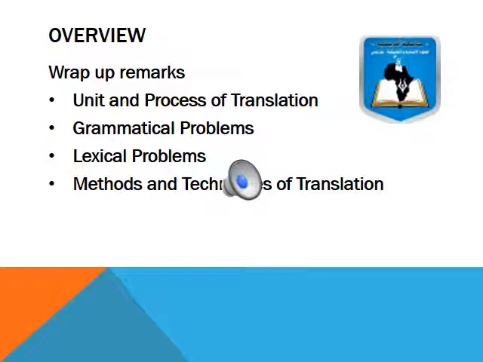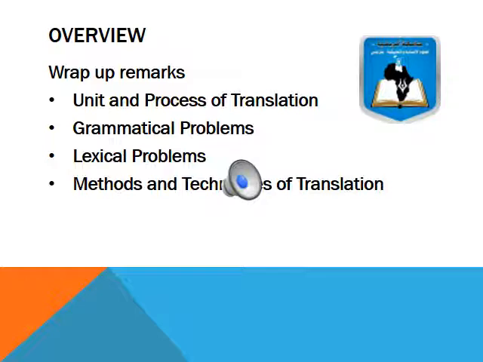Sometimes when you're offered a text and asked to translate it, you would read the text, analyze it, and then select what sort of translation method or technique you may use.